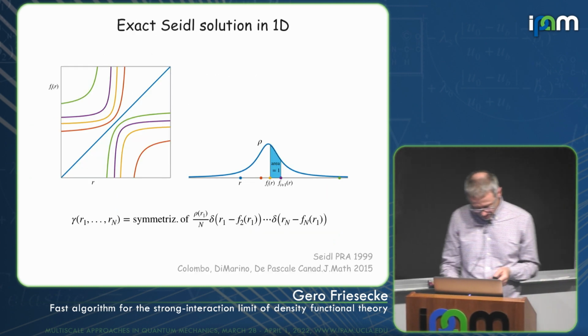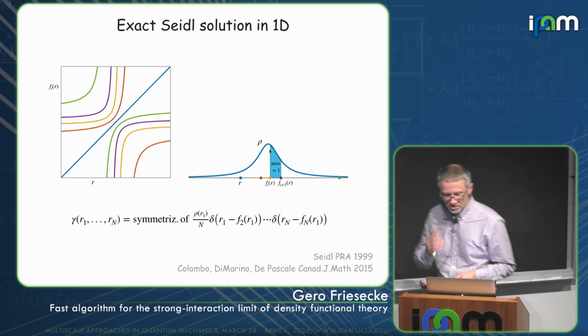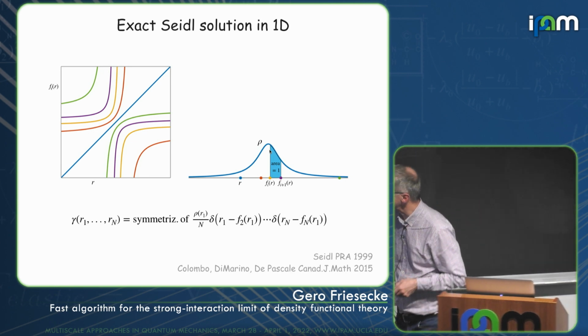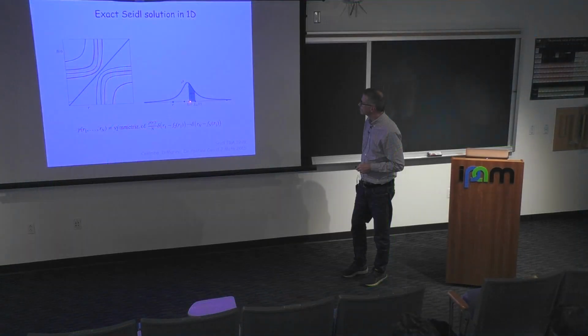Now in 1D, I just want to show you the exact solution. You can find these Seidel maps by the following construction. That's from Seidel's paper. You just make sure that between each map and the next map, when you integrate the density in between them, you get the area equal to exactly 1 electron.